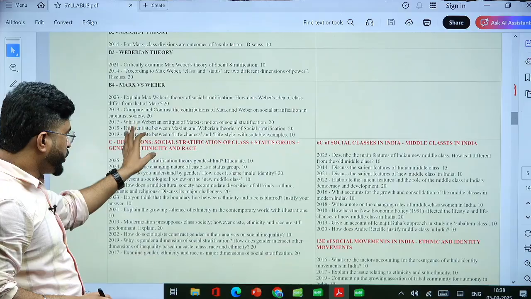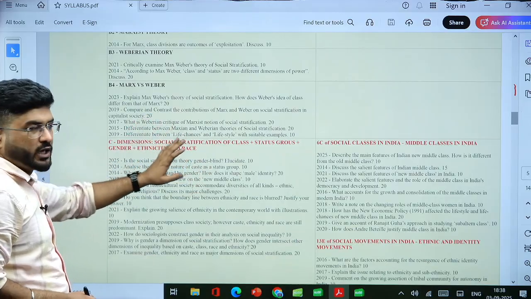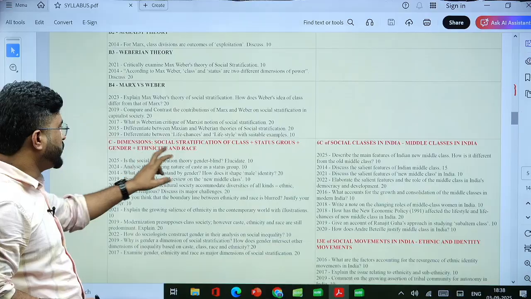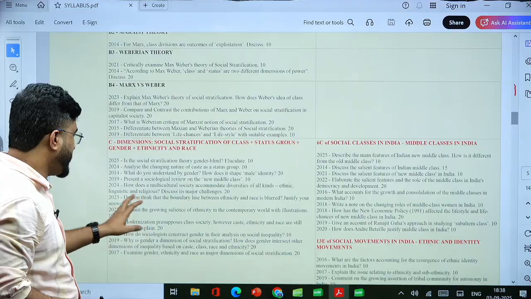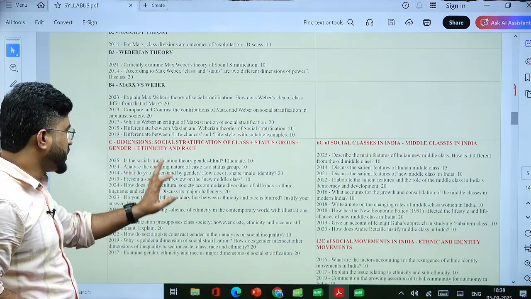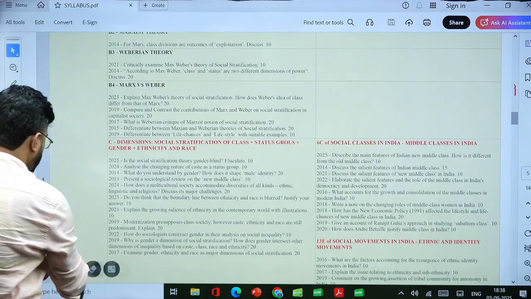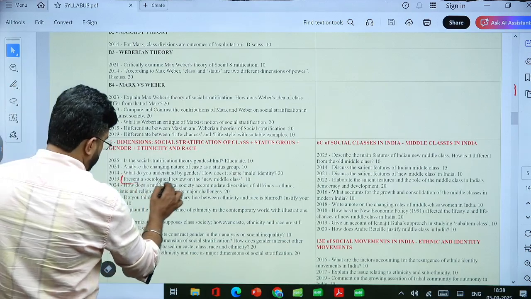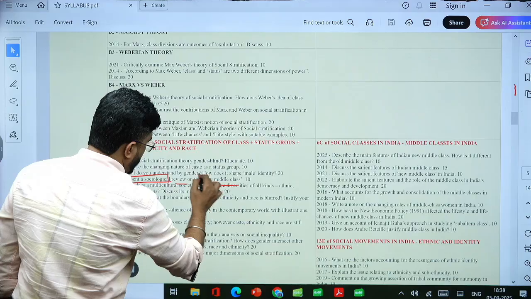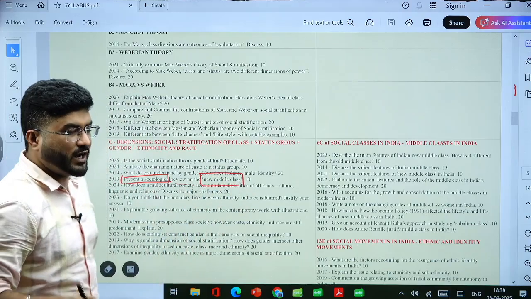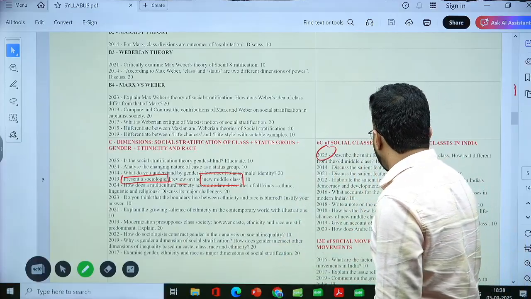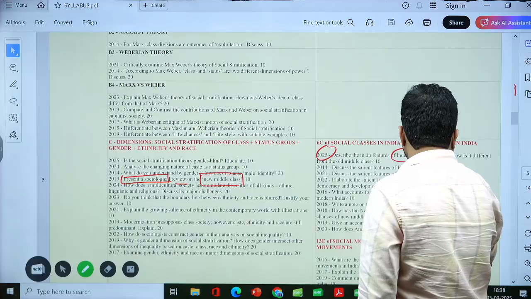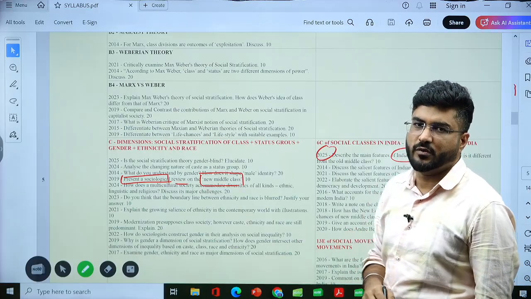In 2025 the question was on gender blind or gender and social stratification. 2024, caste as a status group. 2014, gender and how it is shaping male identity. In 2019 they asked to present a sociological review on the new middle class. This year they asked about the main features of India's new middle class and how it is different from the old middle class.